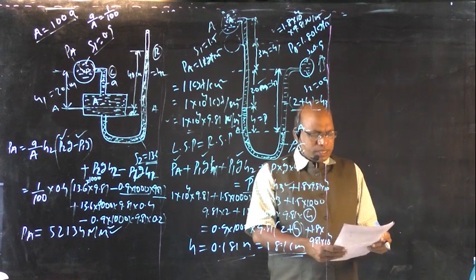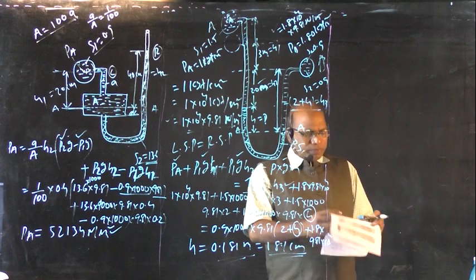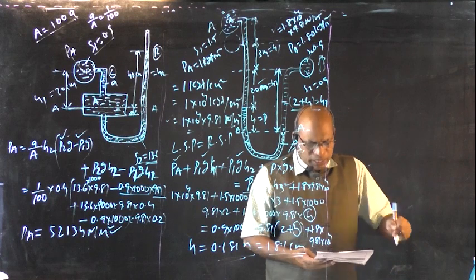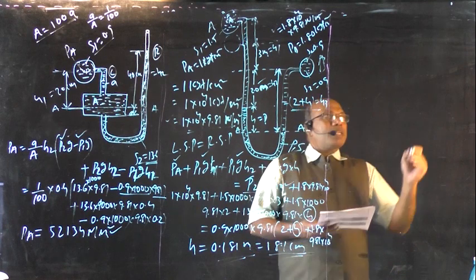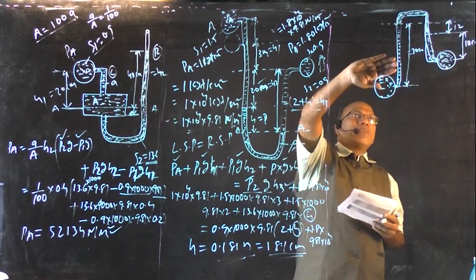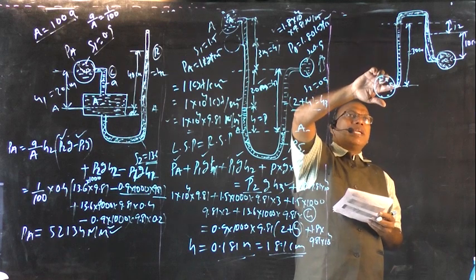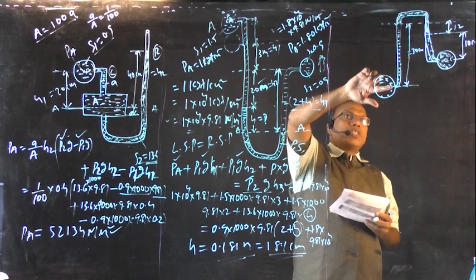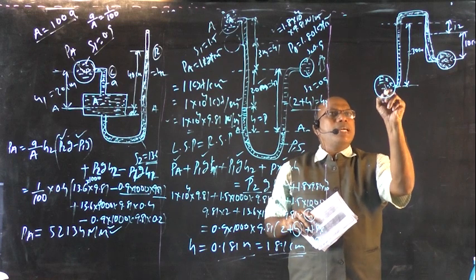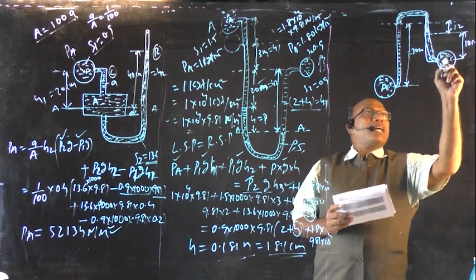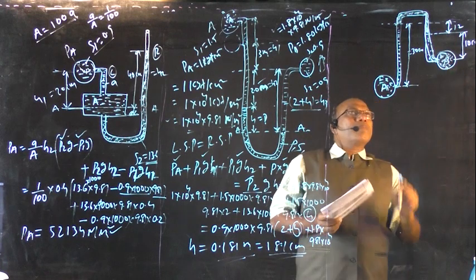So here in this problem they have given a diagram. Inverted differential manometer. Inverted differential manometer means one end of the inverted U tube is connected to the pipe A here, and another end is connected to the pipe B.